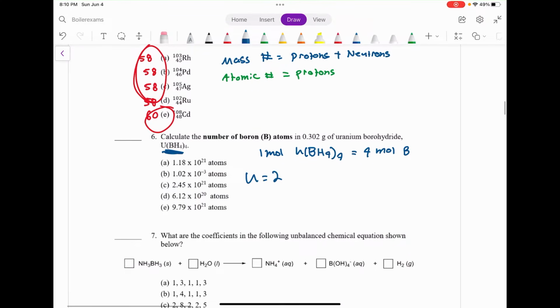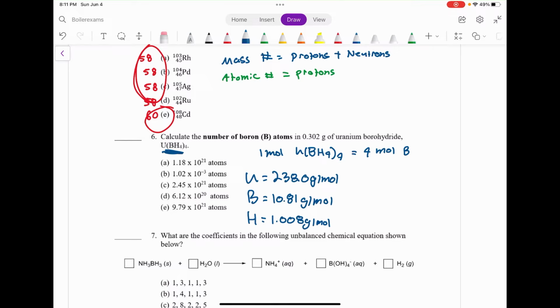Uranium was 238.0 grams per mole. Boron was 10.81. Okay, and then hydrogen is 1.008 grams per mole. What is the molecular weight of 1 mole of uranium borohydride?